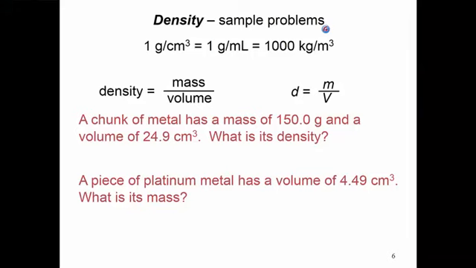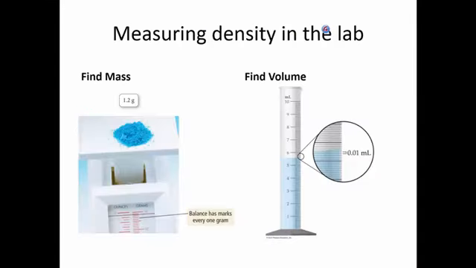Okay, so continuing on, I wanted to talk about just a few more things before the end of this section of the module. When we are in the lab, we will be finding mass and finding volume in order to calculate density. So when we find the mass, we want to count every single digit.